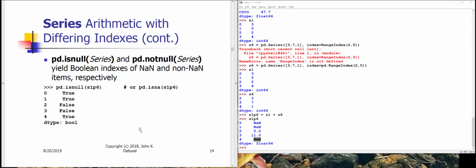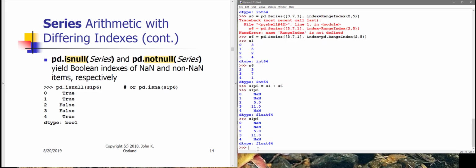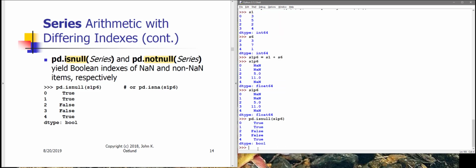I can obtain a Boolean index of which values are null or which values are not null using the Pandas isnull or notnull methods. So for example, in my S1 plus S6 series, if I test pd.isnull of S1 plus S6, I get told here that indexes 0, 1, and 4 are null.